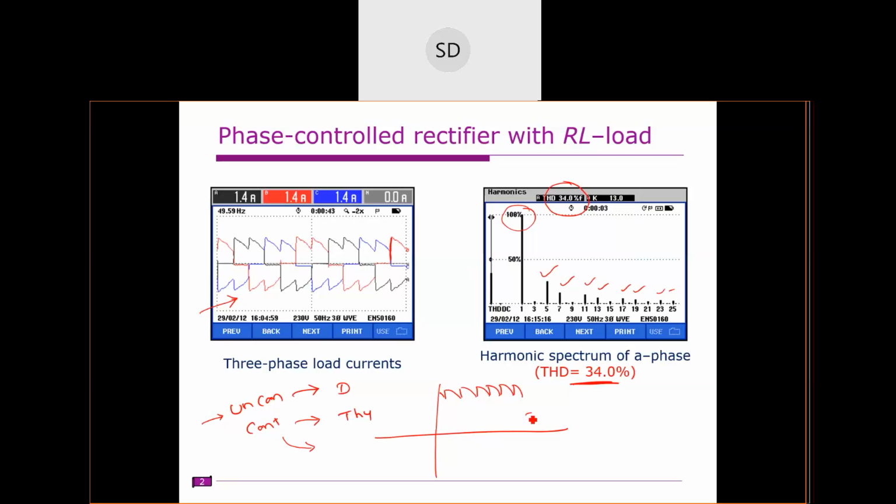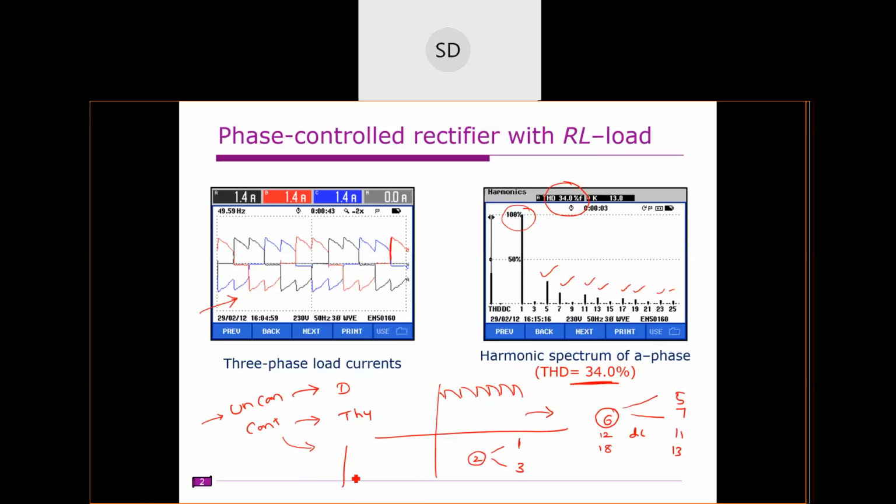On the output side you have harmonics of 6th order, 12th order, and 18th order on the DC side, but on the AC side we have the 5th, 7th, 11th, 13th, and so on. Usually if you have 6th order harmonic on the DC side, then you have 5th and 7th order harmonics on the AC side. That is general. If you have 2nd order harmonic on the DC side, then you have the fundamental and 3rd order harmonic.